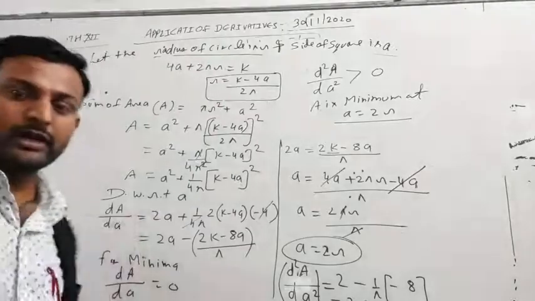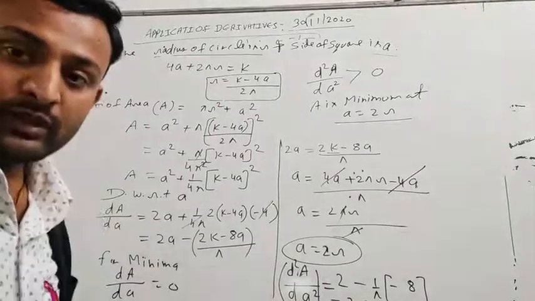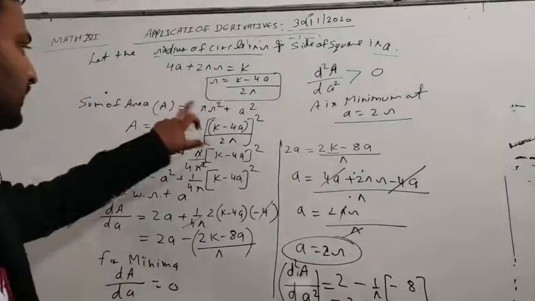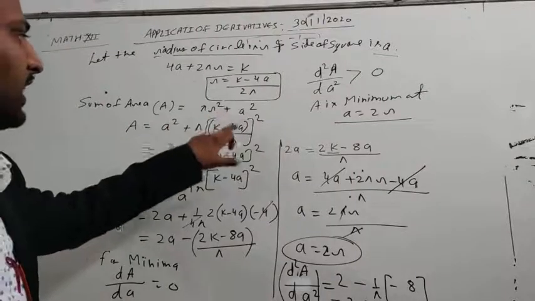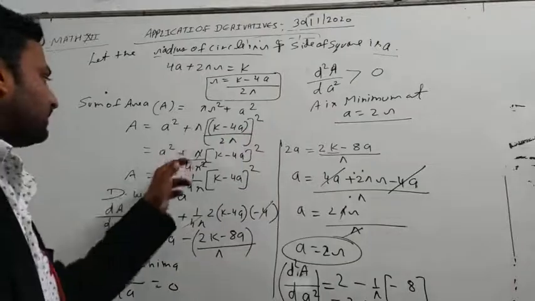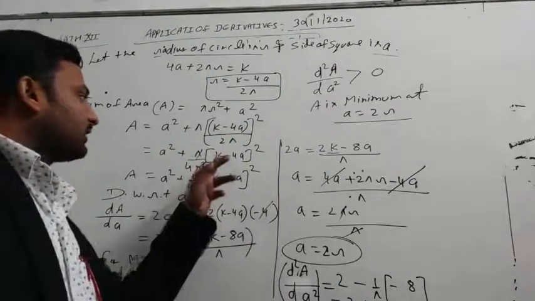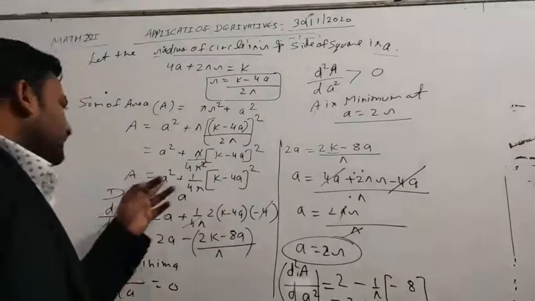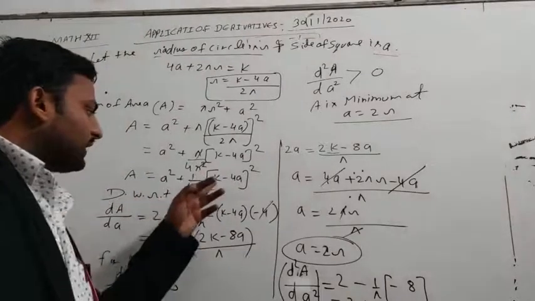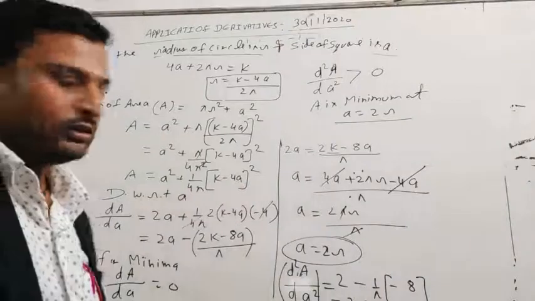Now we have to minimize the sum of the areas of the square and circle. So the area is a square plus pi r square, so a square plus pi by 4 pi square times (k minus 4a) square, which is a square plus 1 by 4 pi times (k minus 4a) whole square.